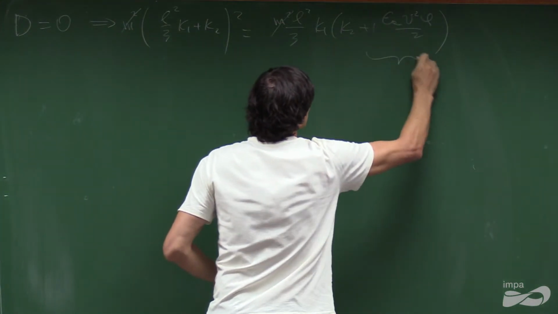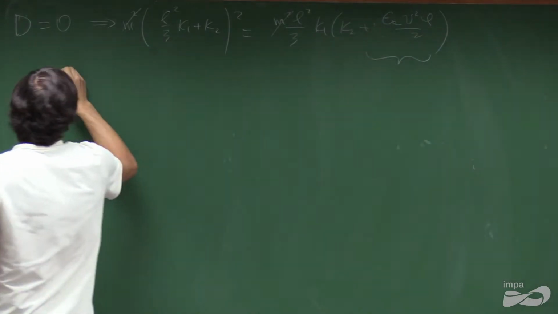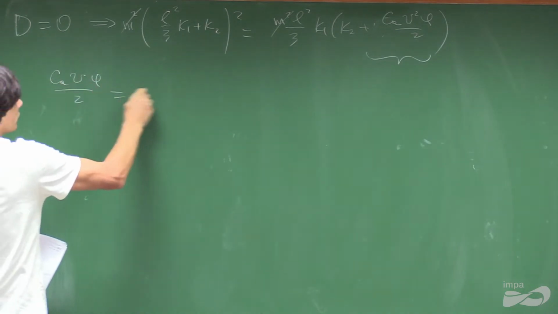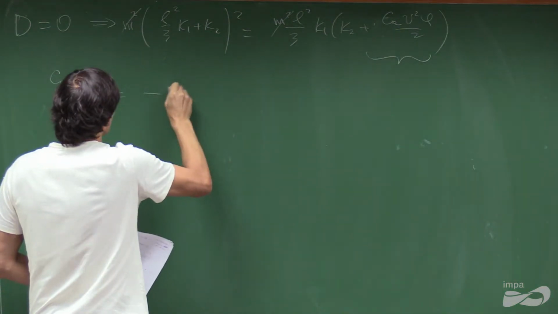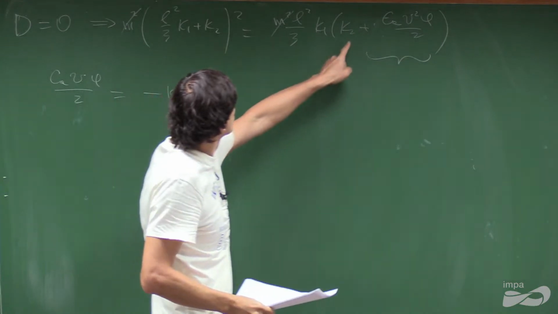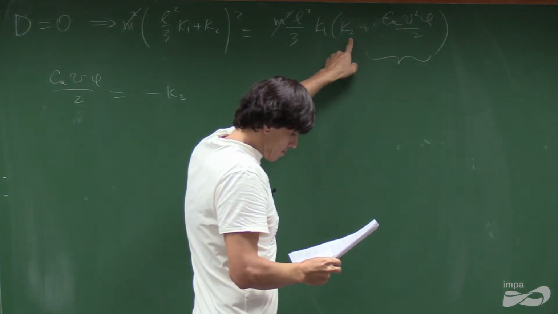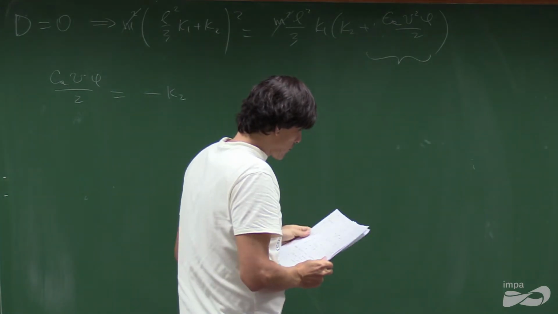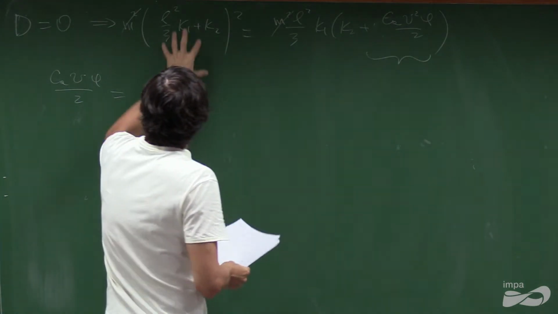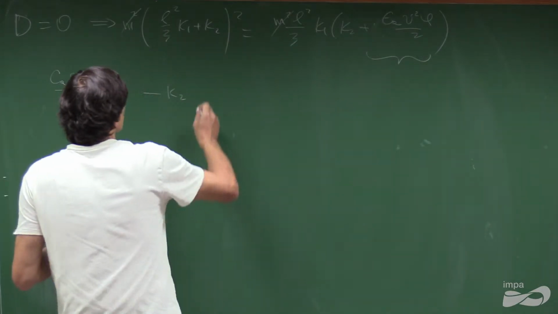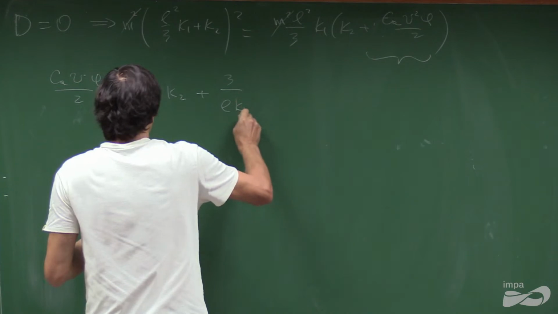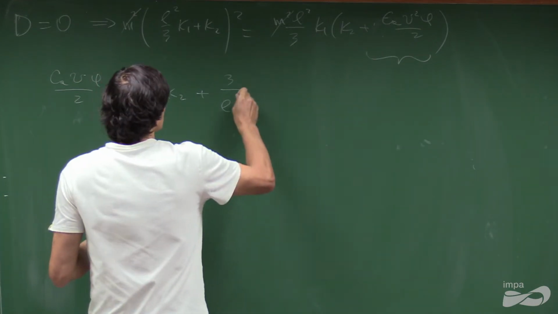So we express this from the whole expression, K2 equal minus K2 from this. And then the whole stuff divided by the prefactor. So we divide plus 3 over L K1 squared.